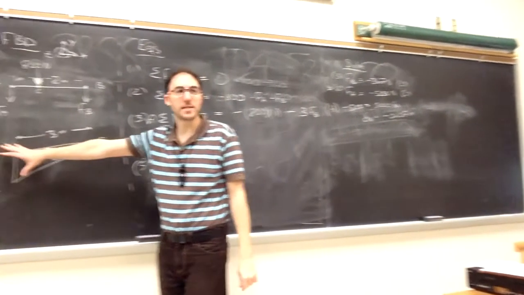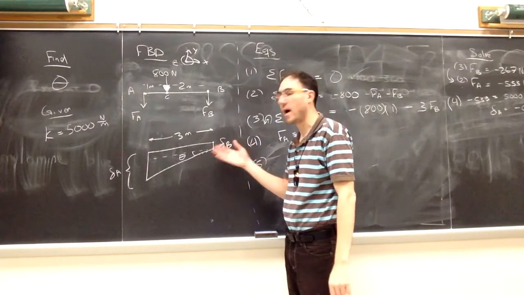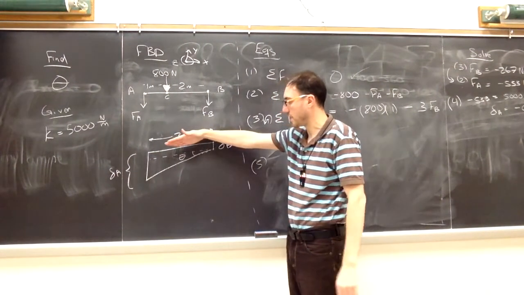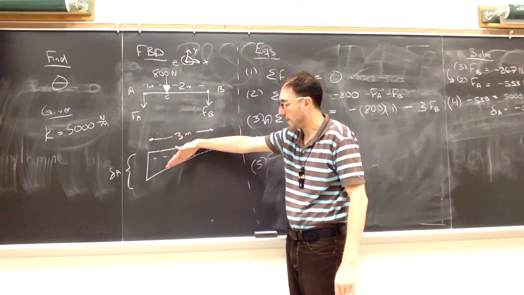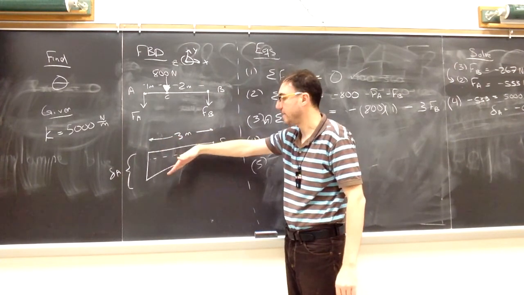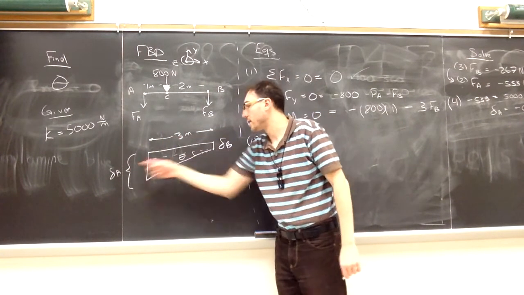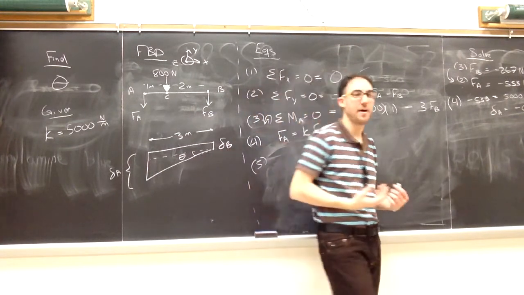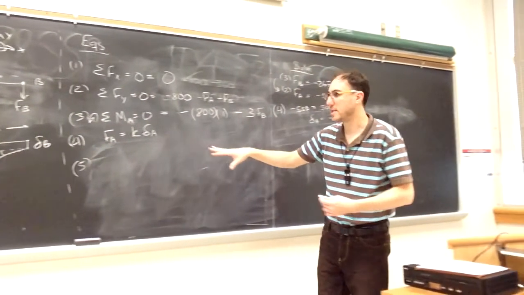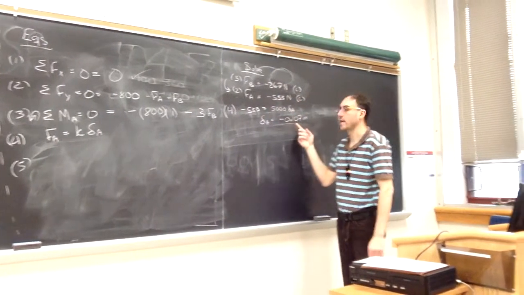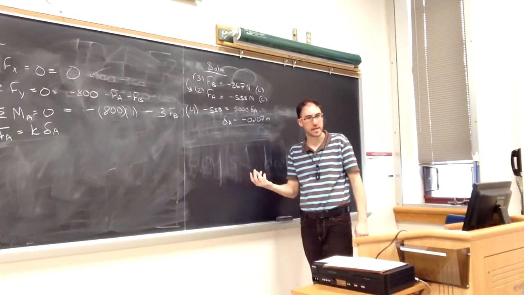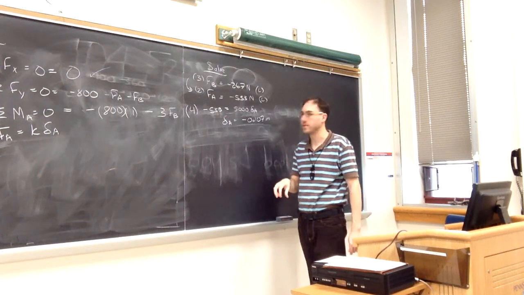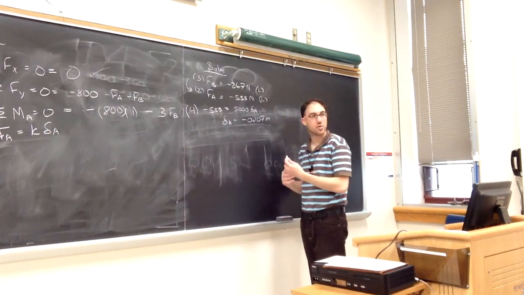In the way I drew this diagram, though, I'm ignoring the sign on delta A and delta B, because I know it must get lower, and then it must shift downward there. So here, it's really the absolute values of delta A and delta B that I'm going to be using in subsequent steps. This is negative based on the assumption that positive is tension or expansion, negative is compression or contraction.